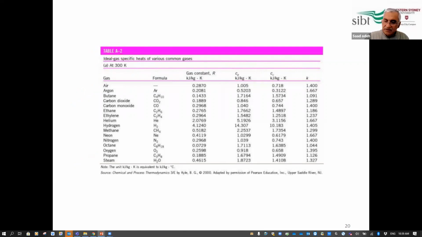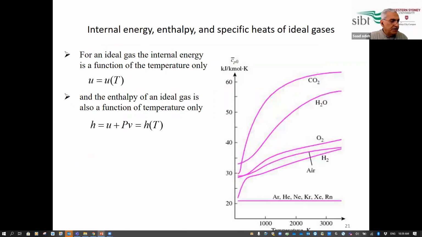In this graph, the x-axis represents the temperature, and the y-axis represents the Cp value.